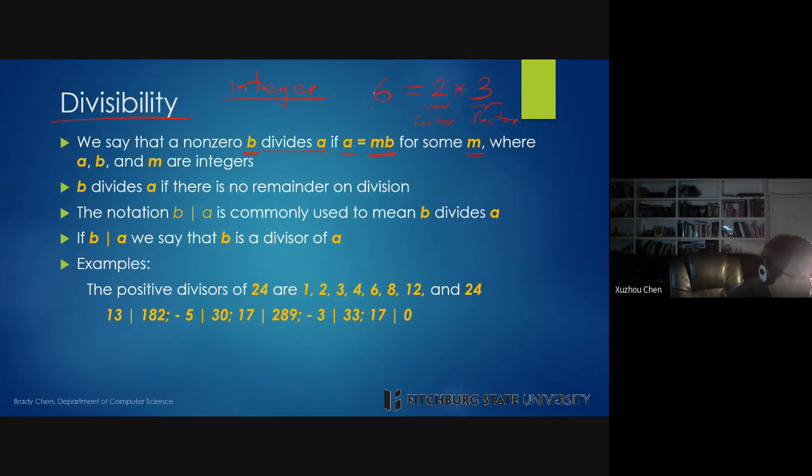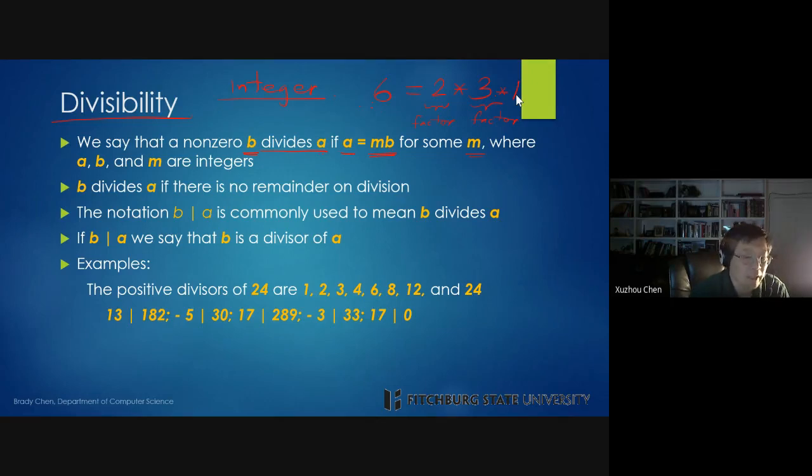Also, any number you can write as its factor times 1. That's why in many cases people ignore the number 1, because anything multiplied by 1 is just itself. It doesn't really make any difference. You can say 3, or you can say 3 times 1.